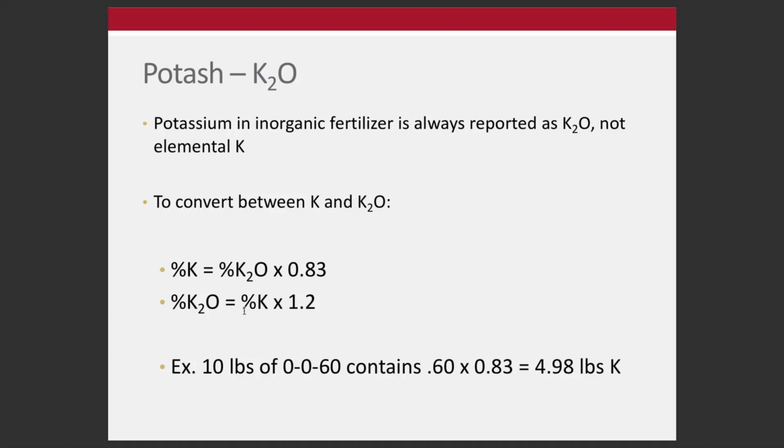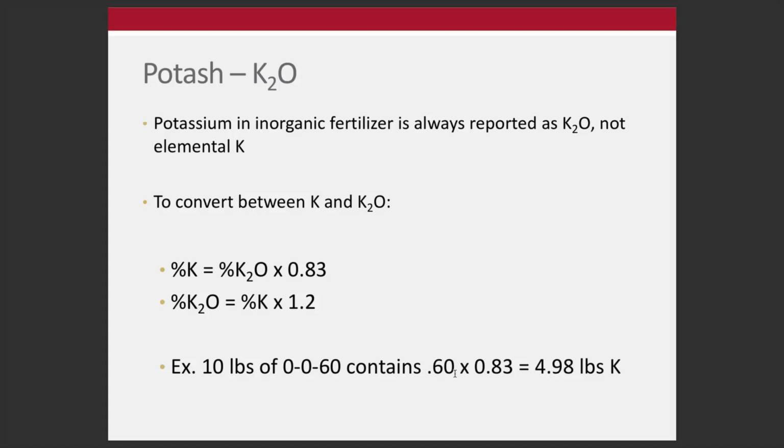So an example would be 10 pounds of 0-0-60. Again, this is a 60% concentration, so we would multiply 10 by 0.6, and that would give us the amount of K2O.